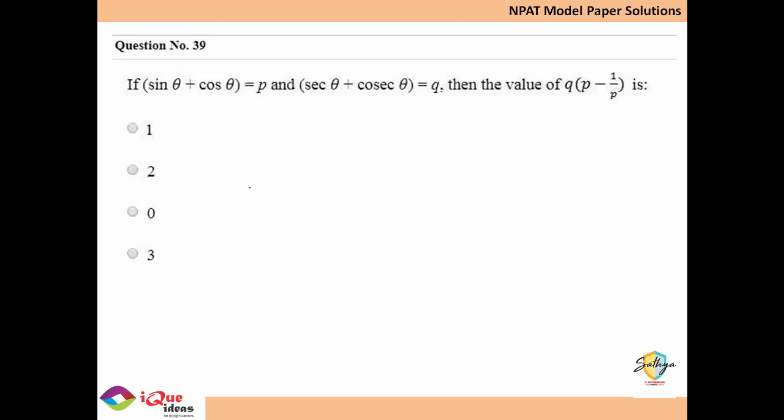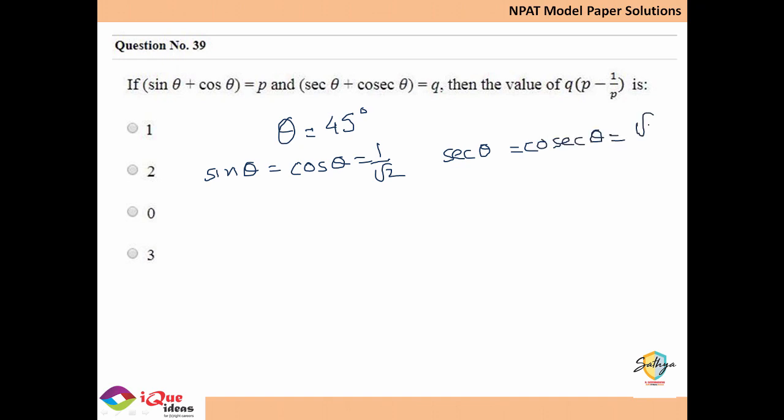Okay, now the next one. It says sine theta plus cos theta is P and sec theta plus cosec theta is Q. Remember, the best value to assume for theta is generally 45 degrees. So the value of sine theta is the same as the value of cos theta, which is 1 by root 2, and the value of sec theta is the value of cosec theta when theta is equal to 45, and that is root 2.